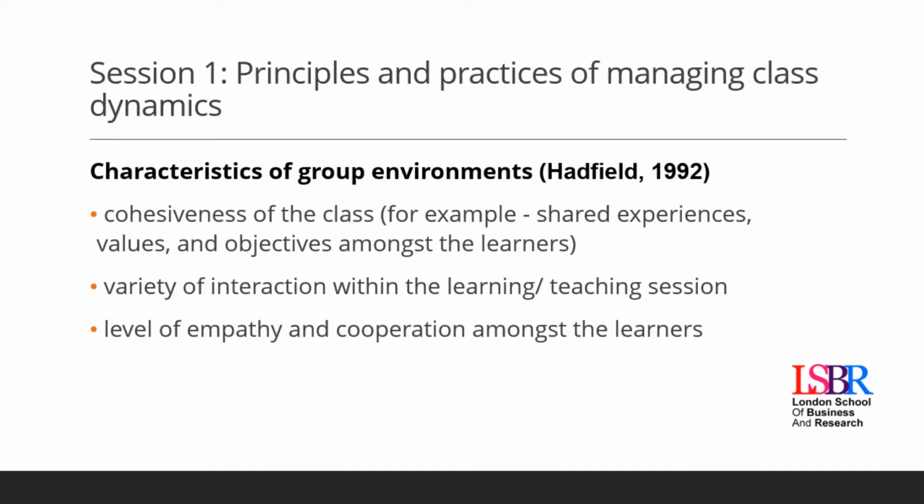So when we talk about class cohesiveness, we are referring to the shared experiences, values, and objectives amongst all the learners. So for instance, to give you an example, let's say you are attending a management training that is intended to help you improve your management skills.